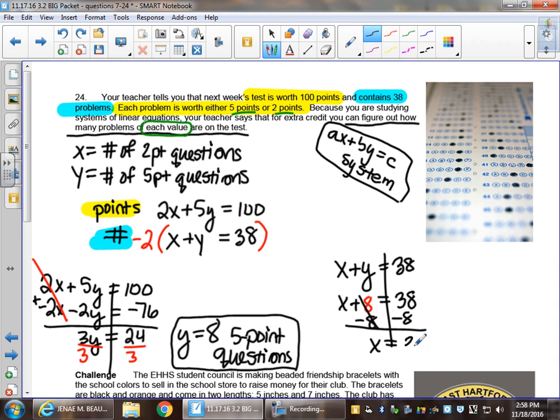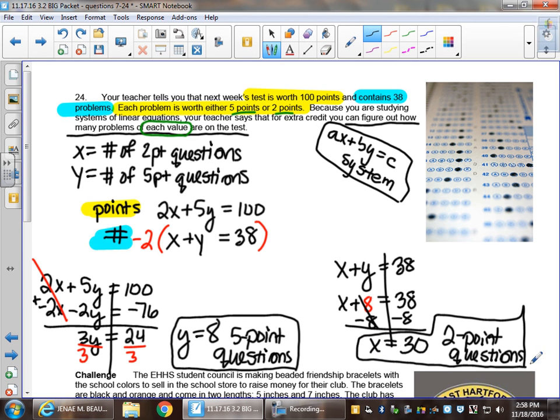X equals 30. And again, what does 30 mean? What does x mean? I come back up here. X is the number of 2-point questions, so there are 30 2-point questions. And we are done.